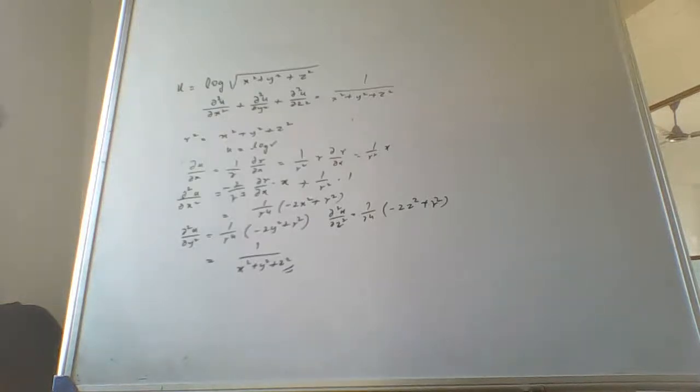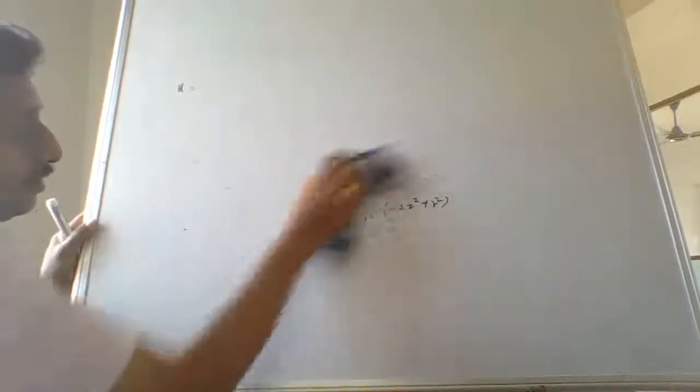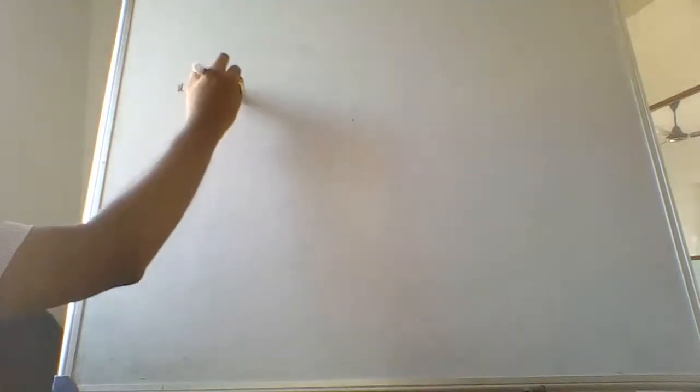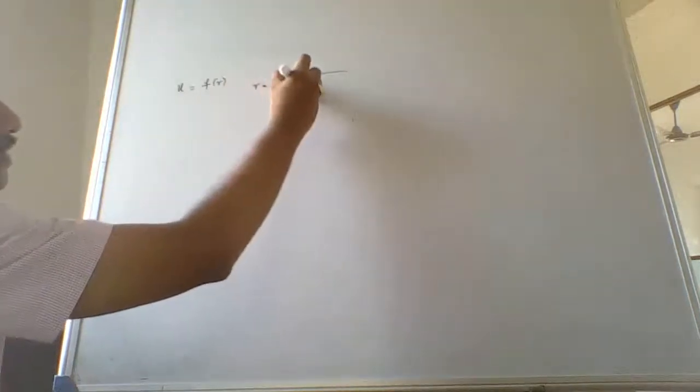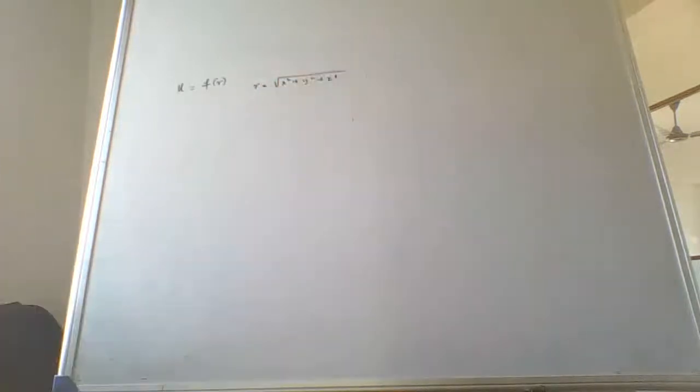Let us move on to the next problem. Now let me consider u as a function of r. So let us try to solve this. U is equal to f of r, where r is equal to x square plus y square plus z square.